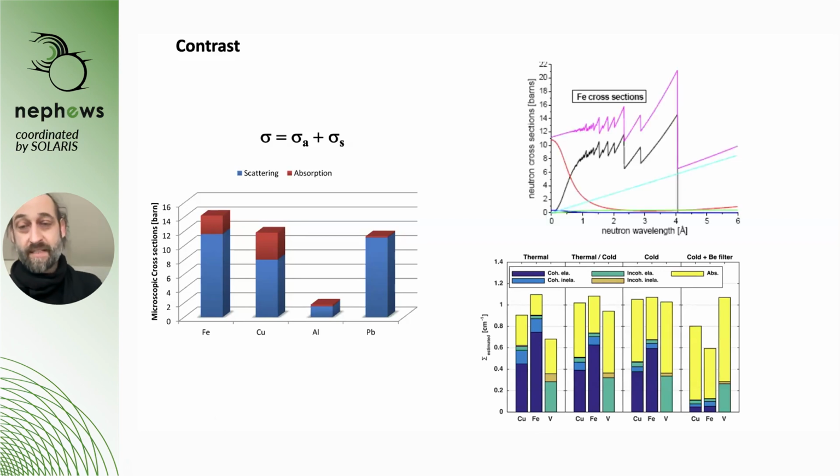And when you look at the cross sections, then you see the following: in particular in crystalline material like metals, you have a strong contribution of the coherent scattering from Bragg scattering, Bragg diffraction, which gives you this very distinct Bragg pattern. And then, of course, you have contributions from coherent and incoherent inelastic scattering, and this would be the contribution of the attenuation, which increases more or less linearly with wavelength.